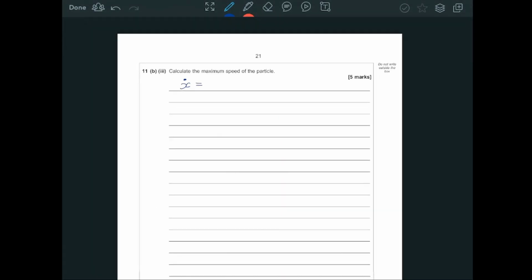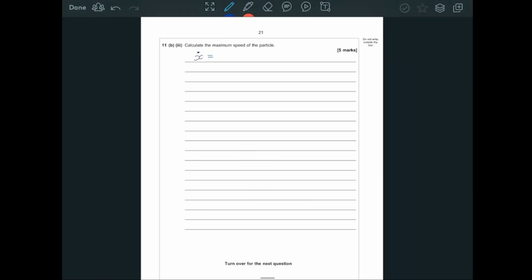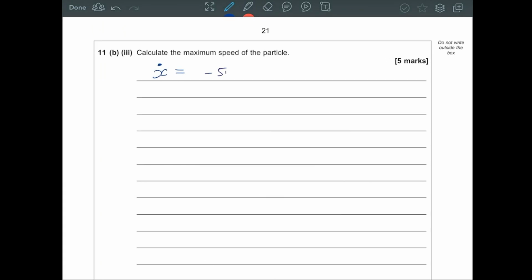So my x dot is negative 5 root 2 t plus a fifth plus the a times the e to the negative 5 over 2t. That's exactly what I had before, but I put the a and the b in. Not worth redoing any work.